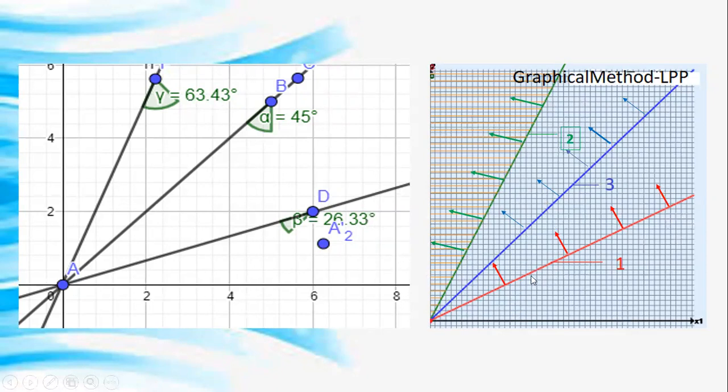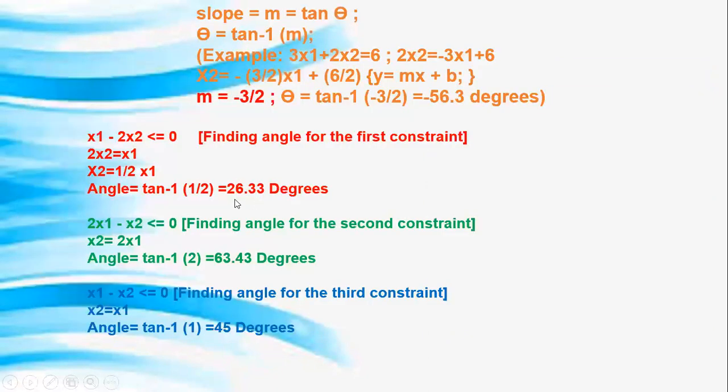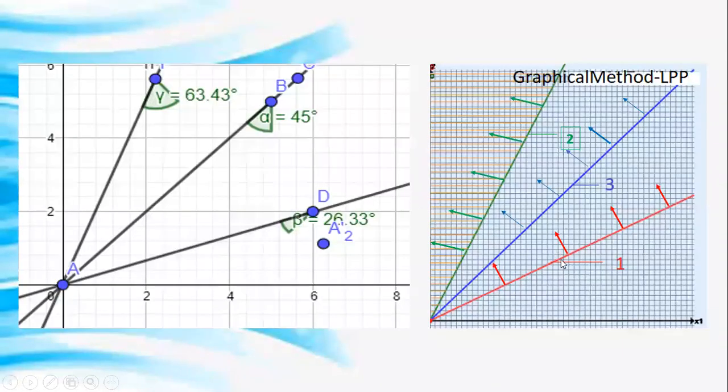Now, to check how to write the arrow marks, first see the equation x1 minus 2x2 less than or equal to 0. Take any point below that line, for example 8, 2, so x1 is 8 and x2 is 2.